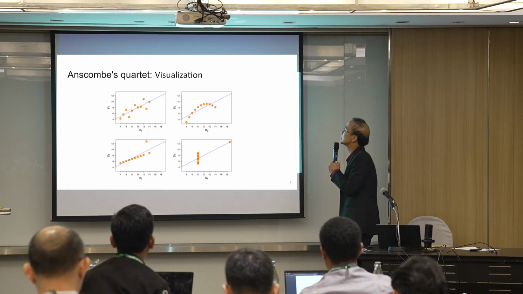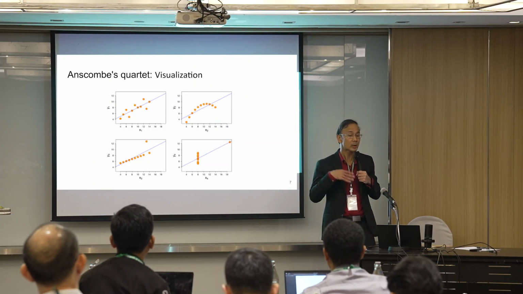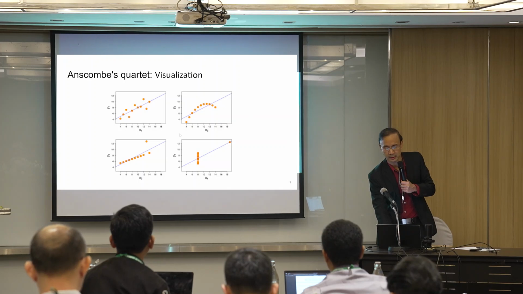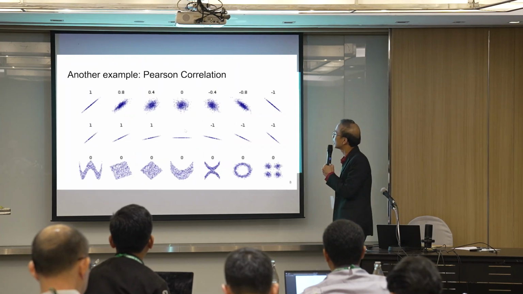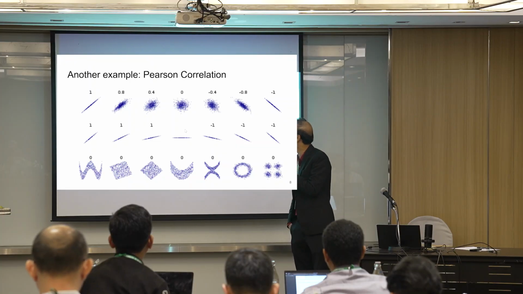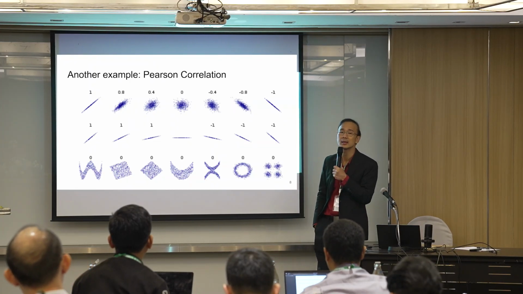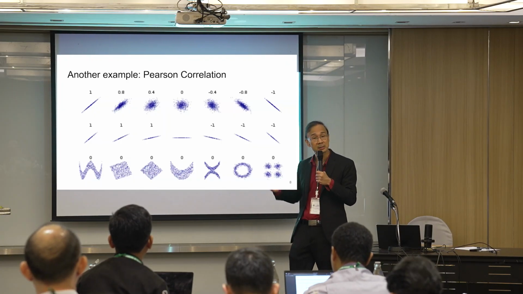If we do it properly, then we can quickly see the relationship of the data we are about to analyze. Or if you have a math background, you know about the Pearson correlation coefficient, which is a way to measure the relationship of data.